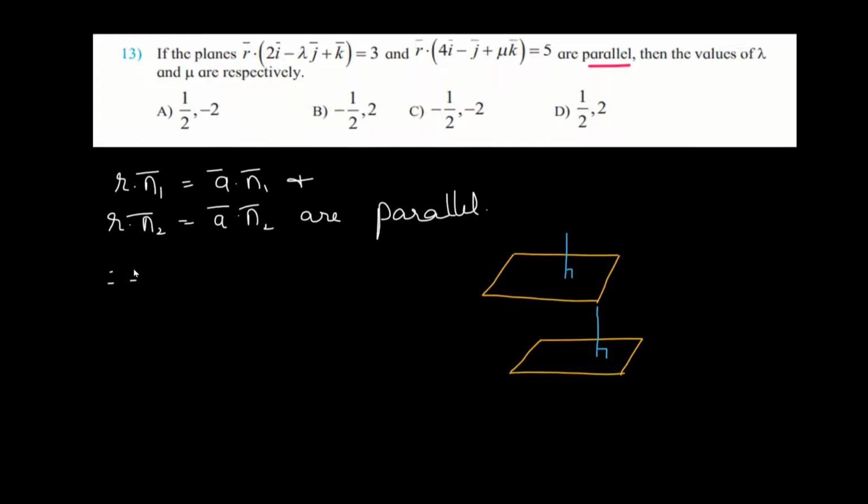Therefore, from the figure, as you can see, both the normals to the planes are also parallel. Therefore, the normals n1 bar and n2 bar are also parallel to each other.